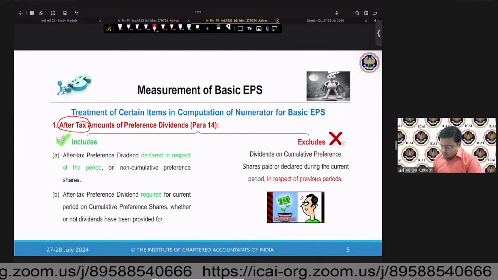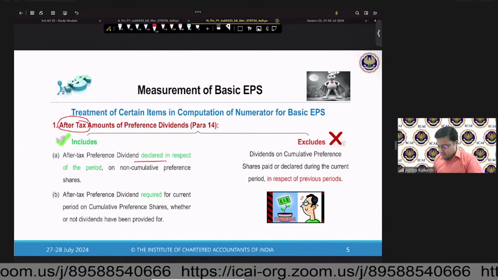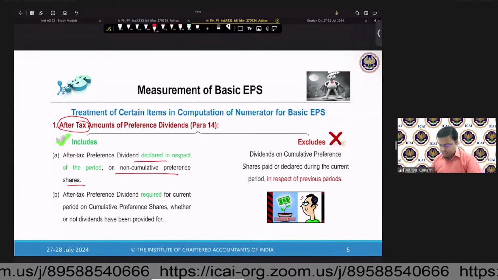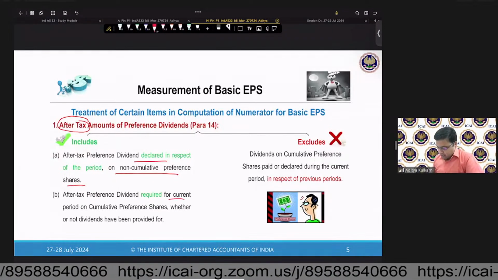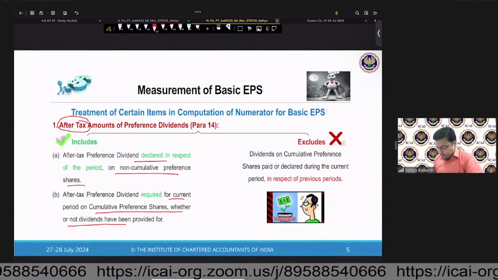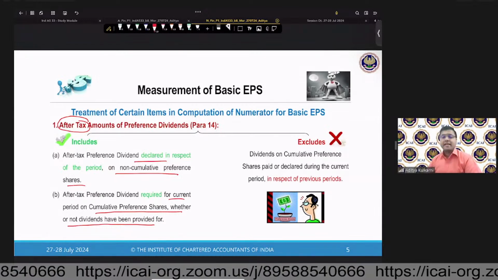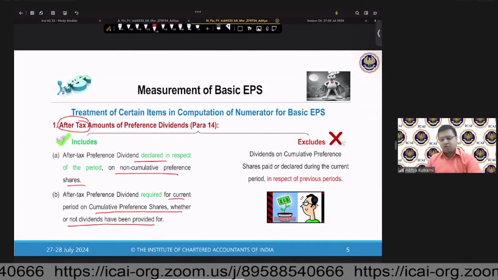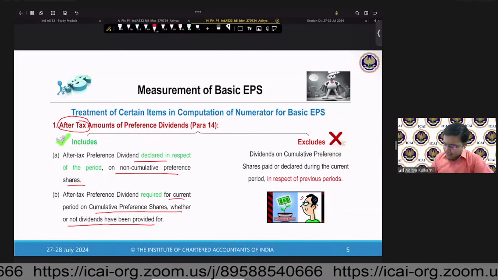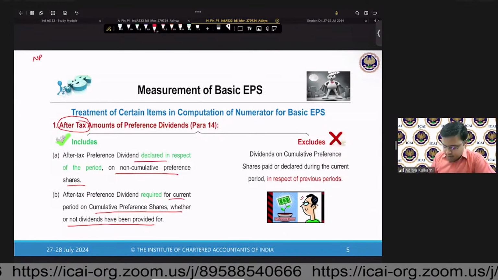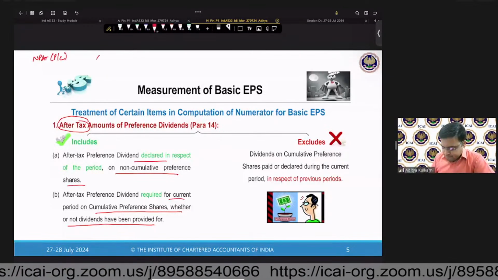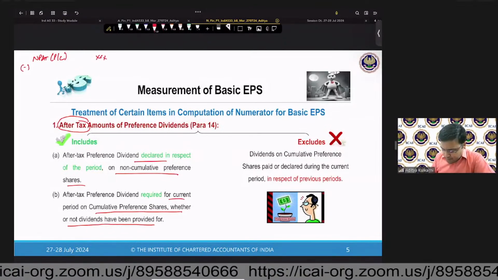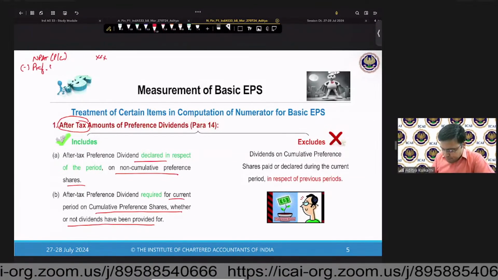This includes after-tax preference dividend on non-cumulative preference shares, and after-tax preference dividend required for the current period on cumulative preference shares, whether or not the dividends have been provided for. So I have net profit as per the P&L. This is after tax. Now, from here, I have to deduct preference dividend.